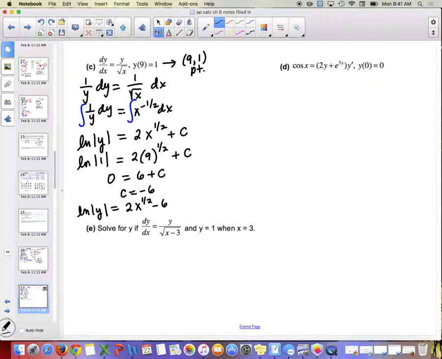Do you guys remember that? If you want to get rid of the natural log, you could do e raised to both sides. Or you could switch forms, like it's log base e, so e raised to the other side. So you end up getting absolute value of y equals e to the 2x to the 1/2. So I'm going to write 2 square root of x minus 6.